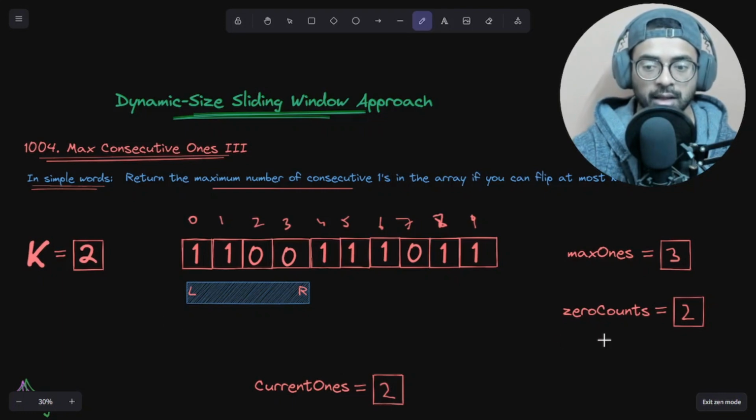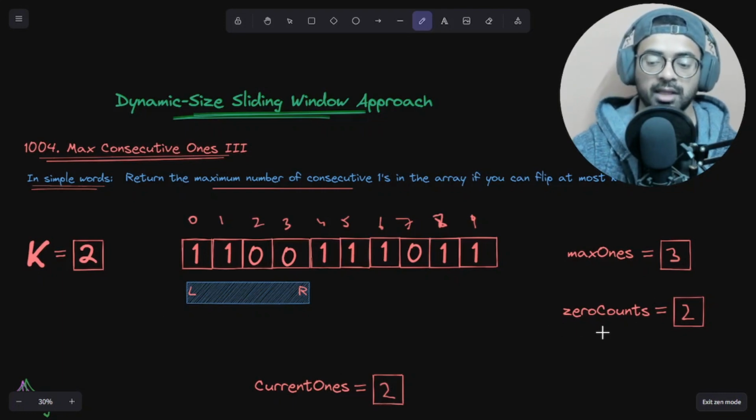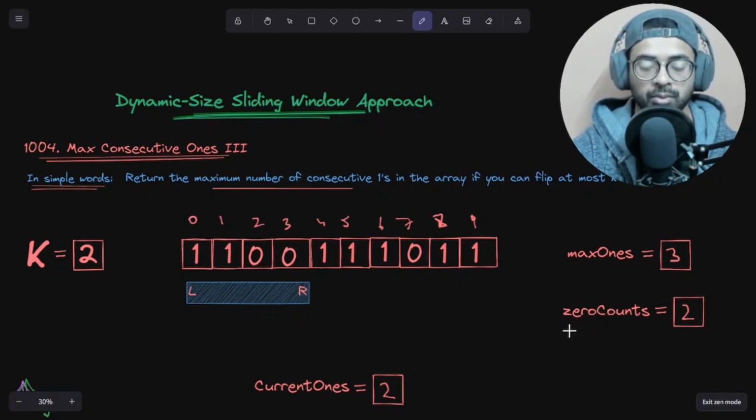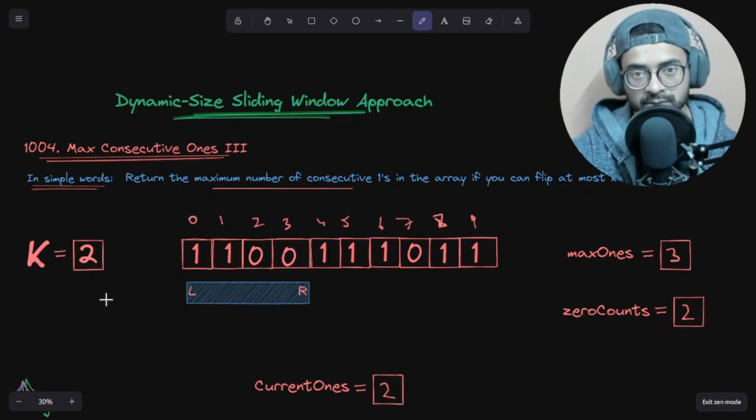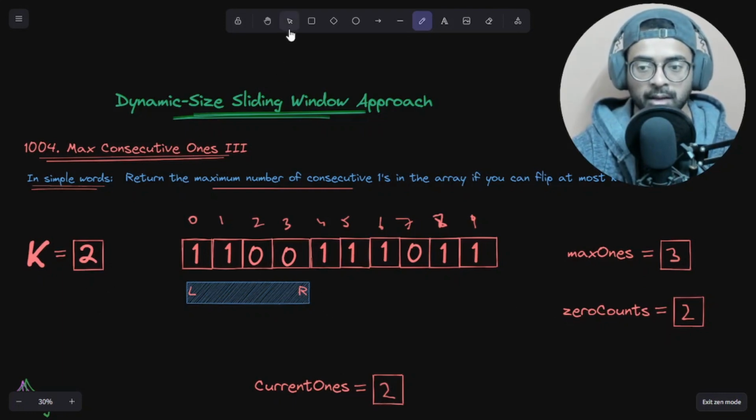Because still the 0 count is either equal or less than k. Our sliding window will get affected when the 0 count variable contains a value greater than k. But right now we are simply going to update our max ones.